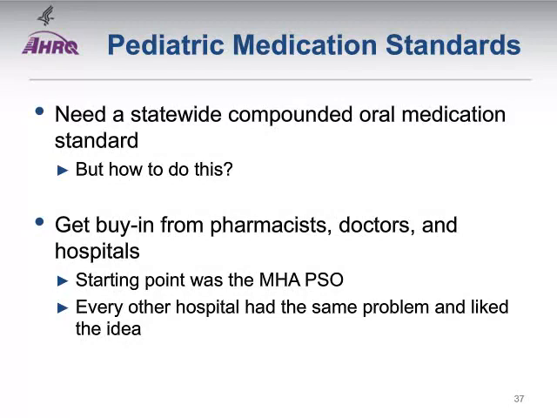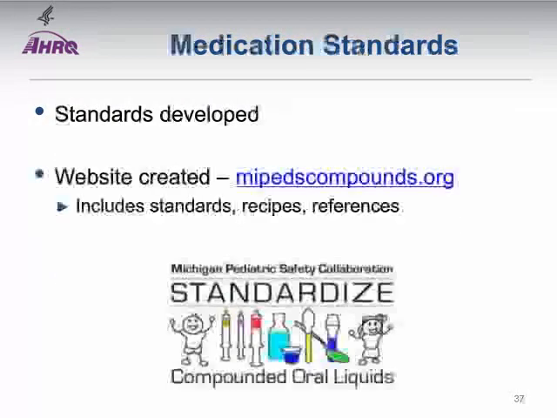We went out to try and get buy-in from pharmacists, doctors, and hospitals, and our starting point on the hospital side was the Michigan Hospital Association PSO. Every other hospital had the same problem. We got together, and we proposed this idea. They liked it, and then we were able to bring together subject matter experts to work on what standards we would actually do.